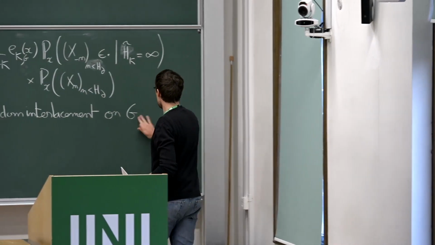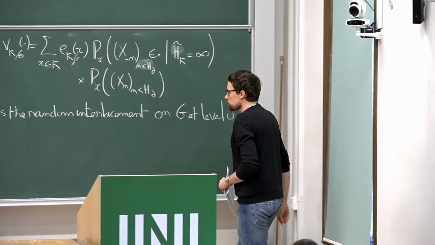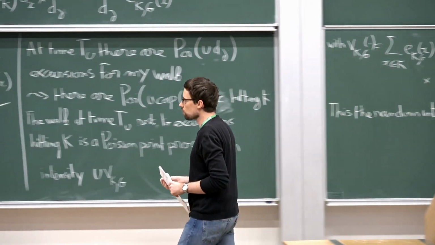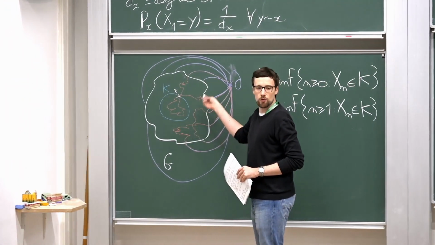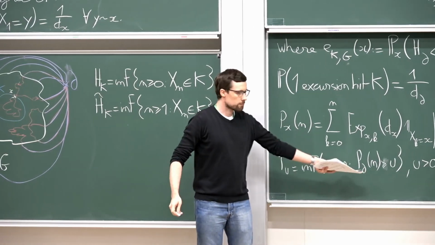And maybe add a value u, your time. So on this finite graph, my random interlacement is just a walk starting from the boundary and run for a certain number of excursions that depends on u. Well, u is your time, which is given by that.